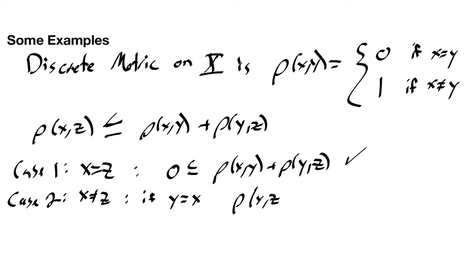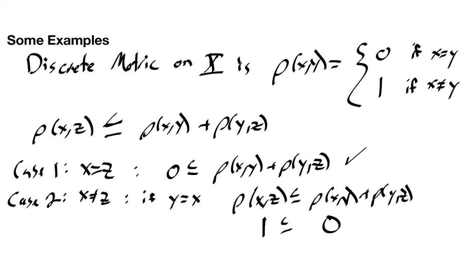Rho of xz is less than or equal to rho of xy plus rho of yz. Well, this one's obviously 1 because x is not equal to z, this one is 0 because x is equal to y, and this one is 1 because y is not equal to z.